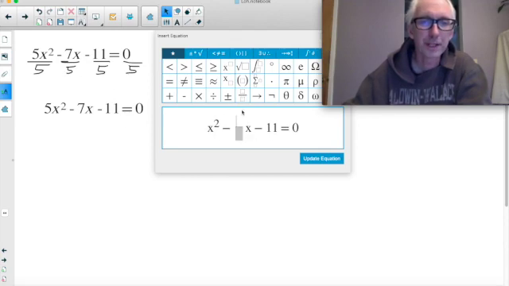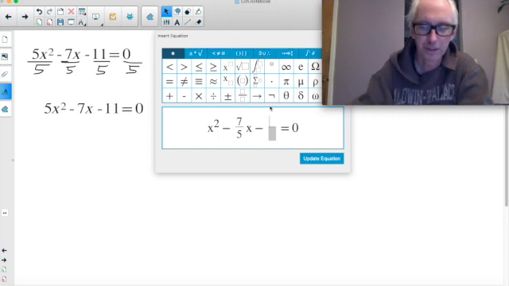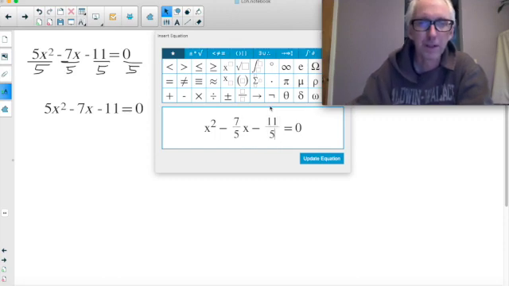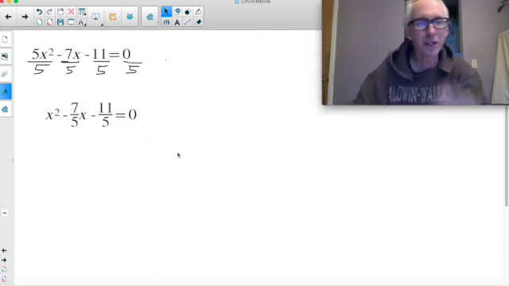Okay, this would be negative 7 over 5, and then this would be minus 11 over 5. And 0 divided by 5 is still 0. Okay, so now we have that.